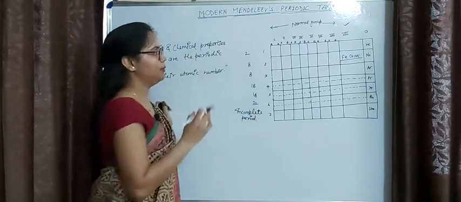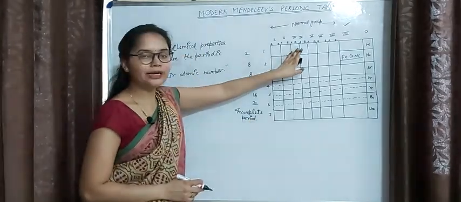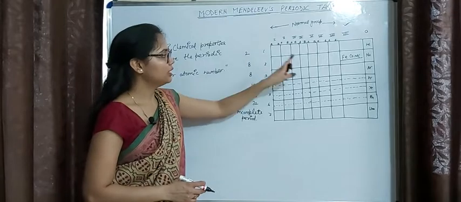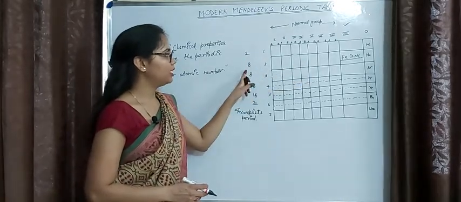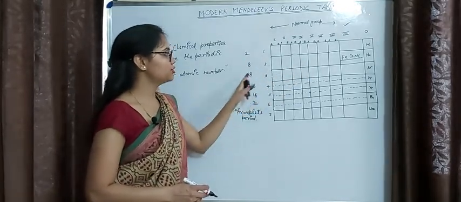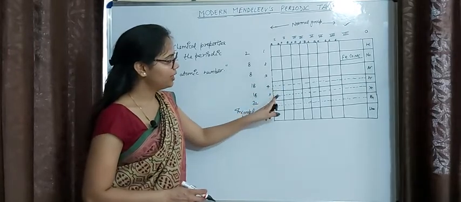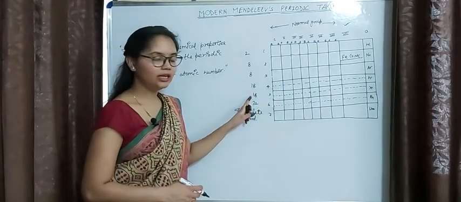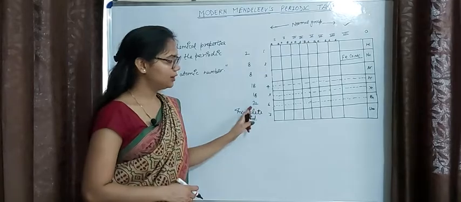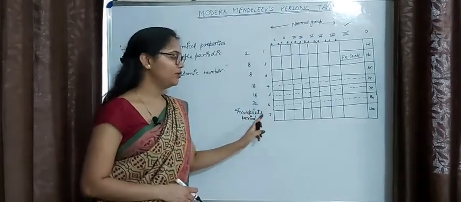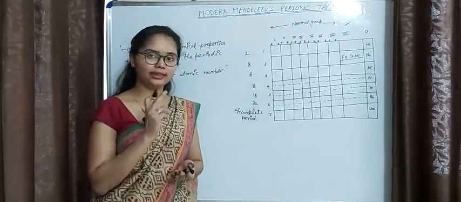Okay, it means the first period contains 2 elements, the second period contains 8 elements, the third period also contains 8 elements, the fourth and fifth periods contain 18 elements, the sixth period contains 32 elements, and the 7th period is incomplete at that time.